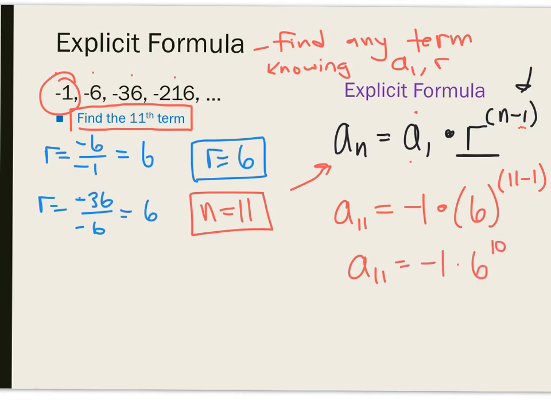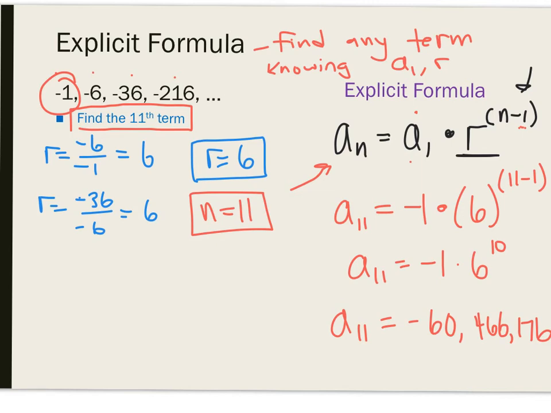Then I can go ahead and evaluate that. And that gives me my 11th term of negative 60,466,176.